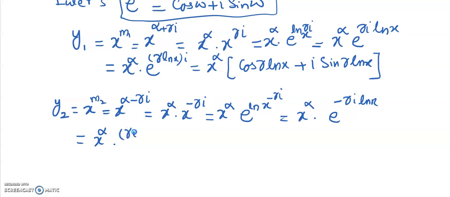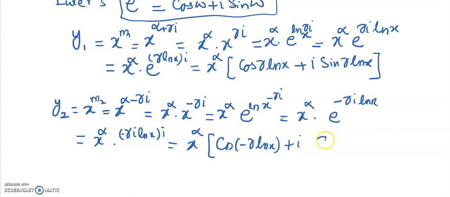So it will be x to the power alpha cosine of minus gamma log of x plus iota sine of minus gamma log of x.